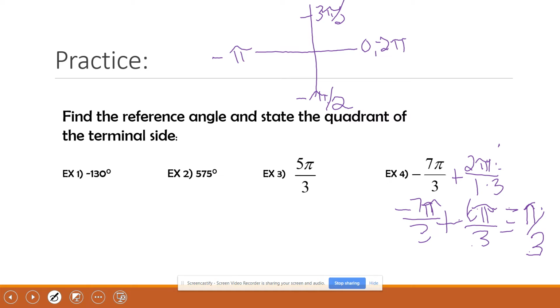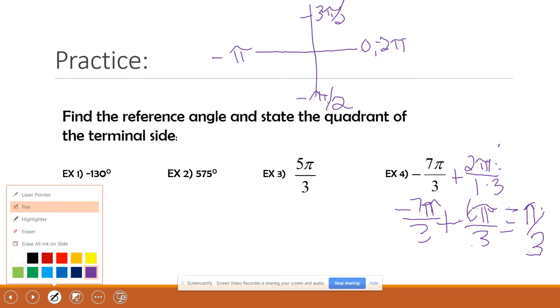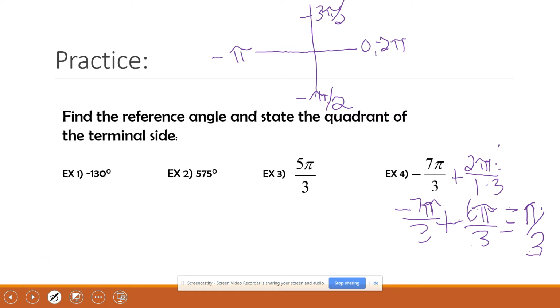So we did make it a whole trip around, and negative pi over 3 brings us all the way around and down over here.